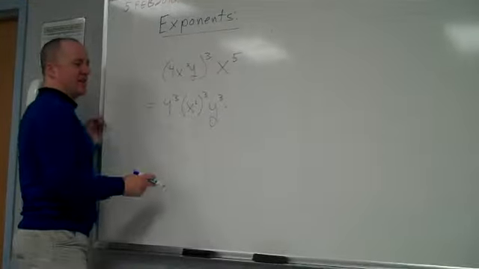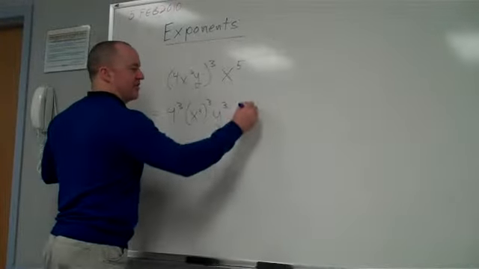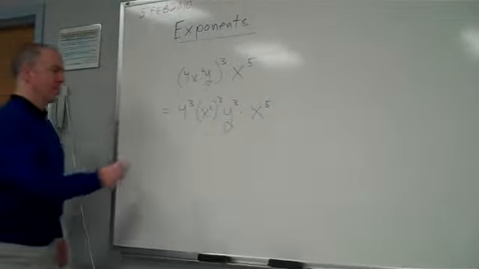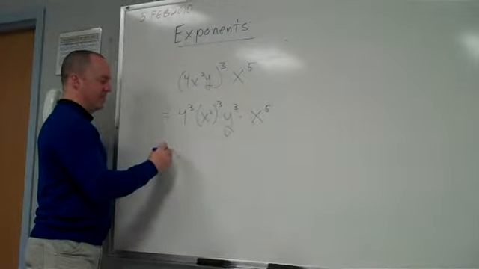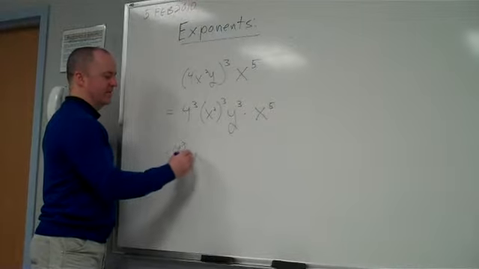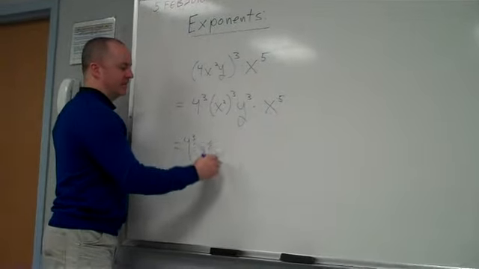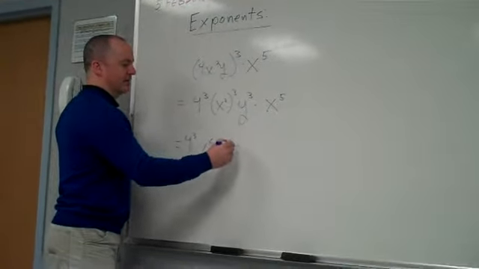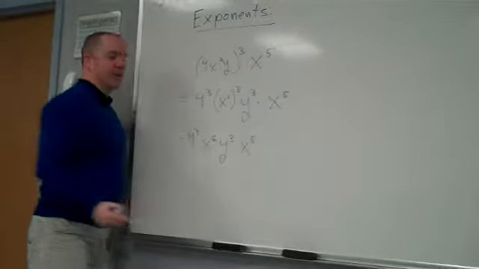Okay, I'm going to show that step next. And I'm just going to bring down the x to the 5th now. And then it's going to be 4 to the third times x to the 6th times y to the third times x to the 5th. Very good.